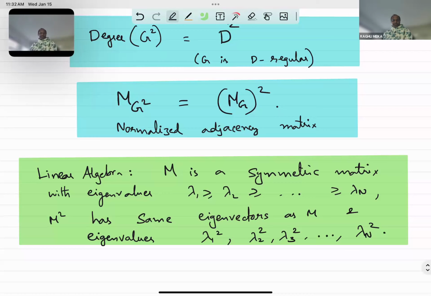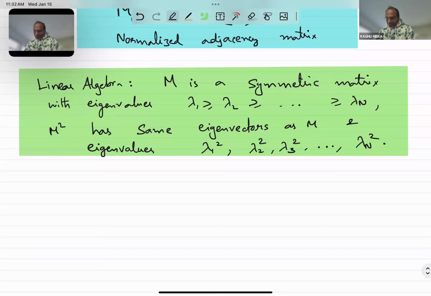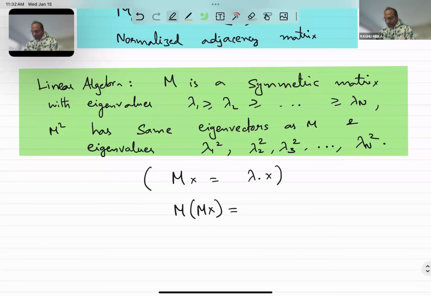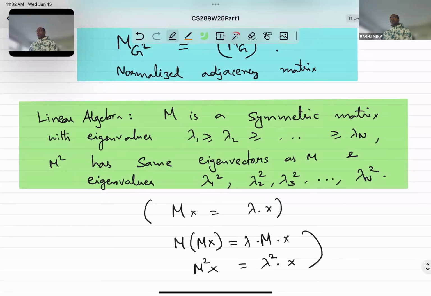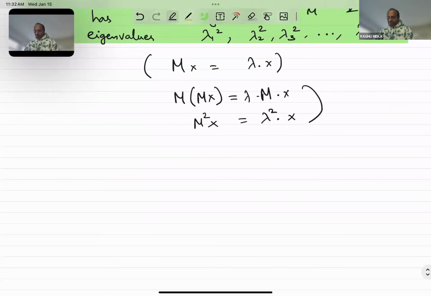And one way to say this is, if M times X equals lambda times X, then M times Mx equals lambda times Mx equals lambda squared times X. But again, this is basics of linear algebra, so we are not going to prove this, but take it for granted.